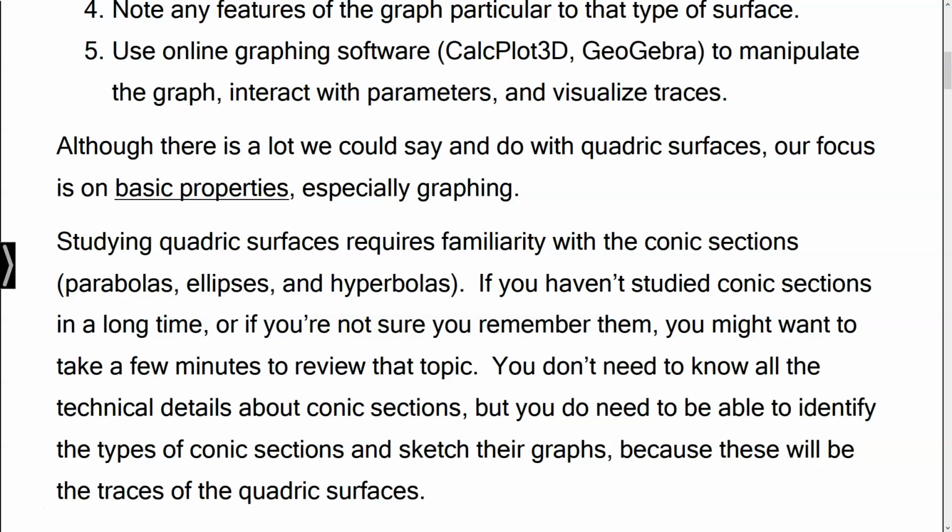And the reason is that these curves show up as traces. So when you eliminate one of the variables, which is what you do when you get one of these traces, you're left with a second-degree polynomial in 2 variables, and that's going to be one of these conic sections, or maybe a point or a line or 2 lines. But it's going to be, in general, one of these conic sections, so you need to know what those look like.